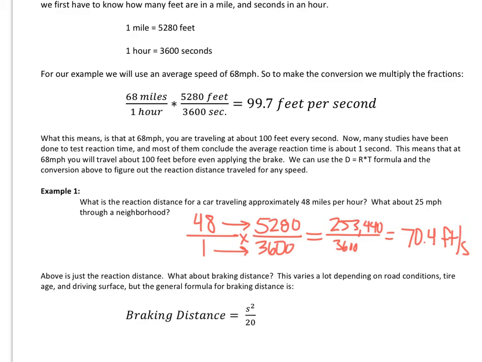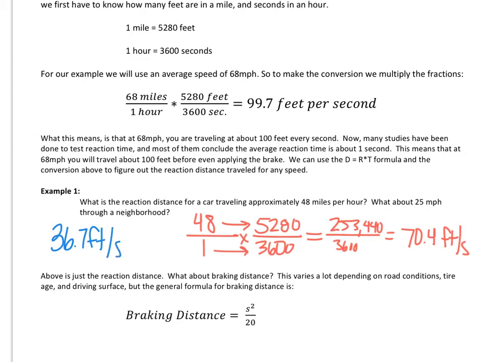So that's that. And then it says, what about 25 miles per hour? So you can make the same conversion for 25 miles per hour. You do the exact same thing, except you do 25 times 5,280 and then divide it by 3,600. And even going 25 miles per hour, and that's driving through a neighborhood, anywhere here in Noblesville, going 25 miles per hour, you're going to go 36.7 feet per second.